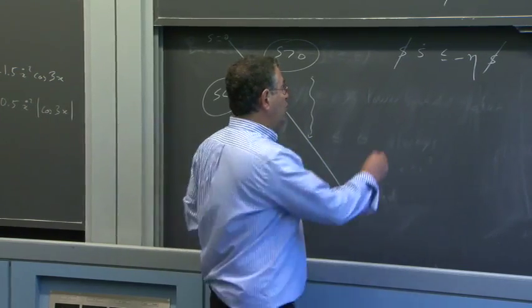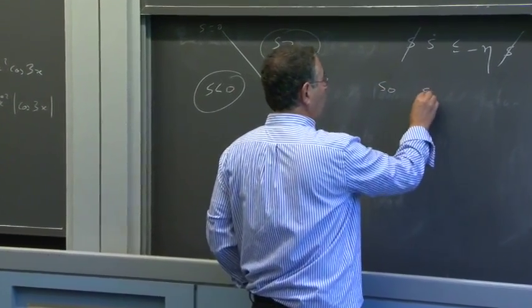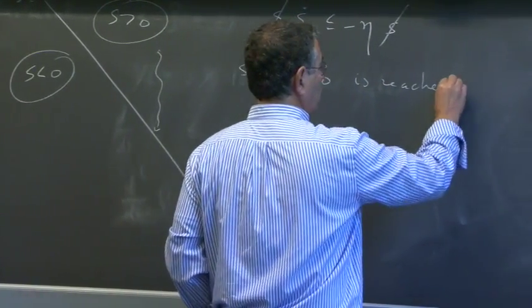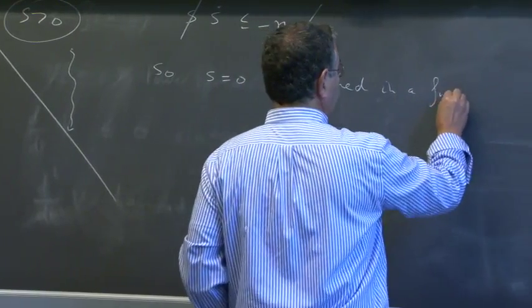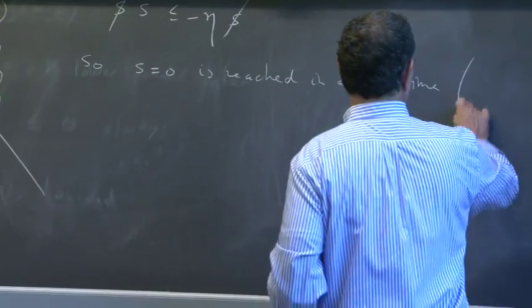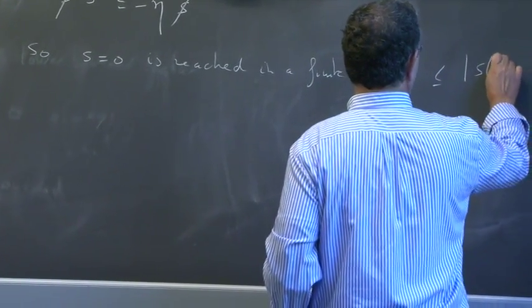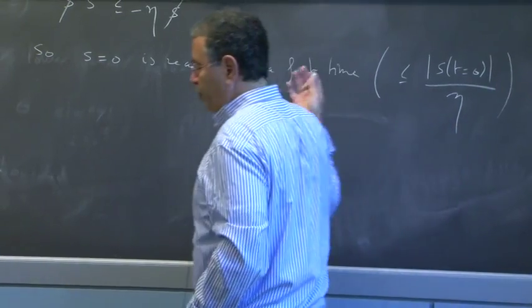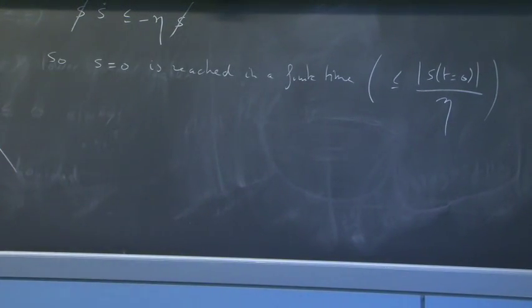Right? So s equals 0 is reached in a finite time, which is inferior to the initial value of s divided by eta for s positive, and you can show it's the same for s negative.